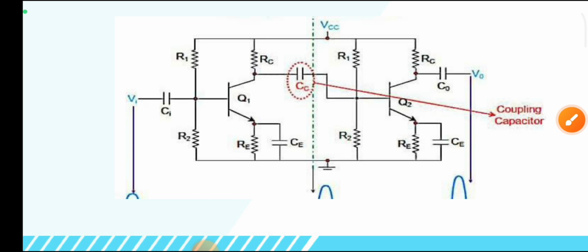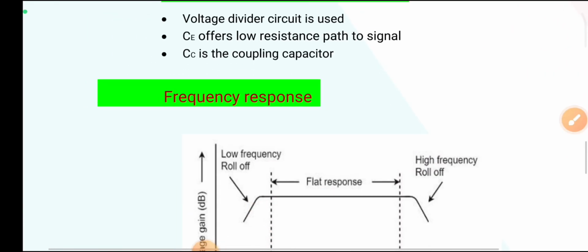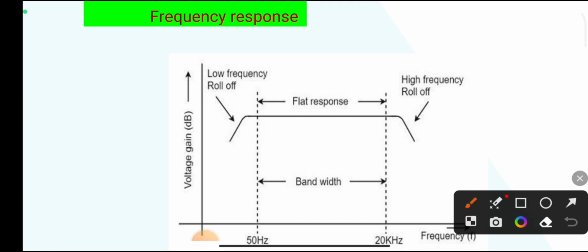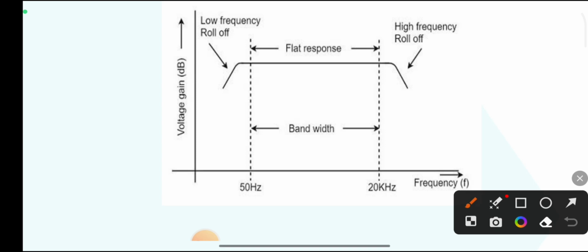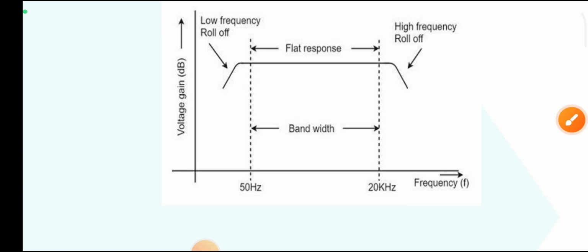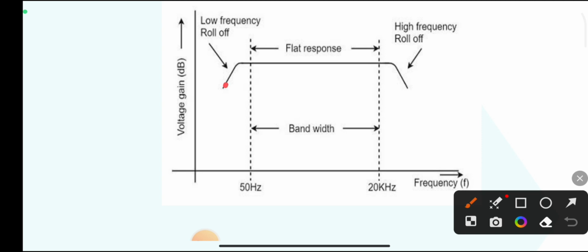Next is the frequency response curve. It is the graph between frequency and the voltage gain, with frequency along the x-axis and the voltage gain along the y-axis. This graph shows the behavior of the amplifier.